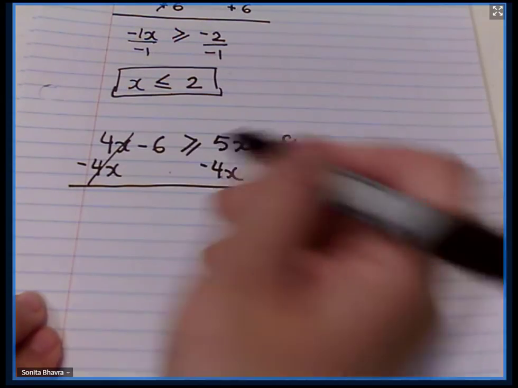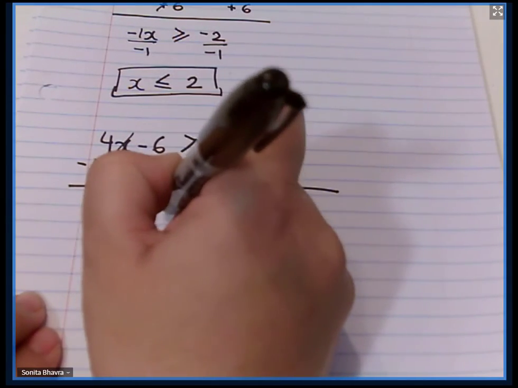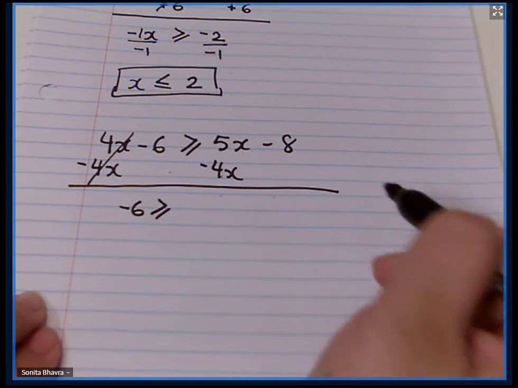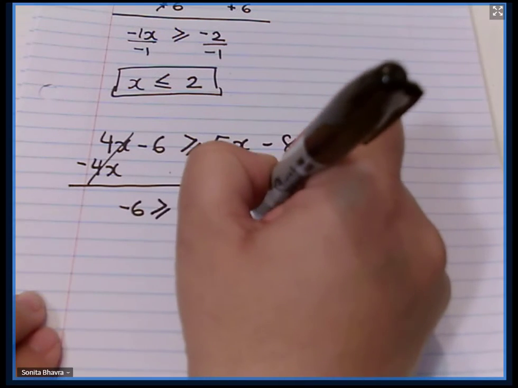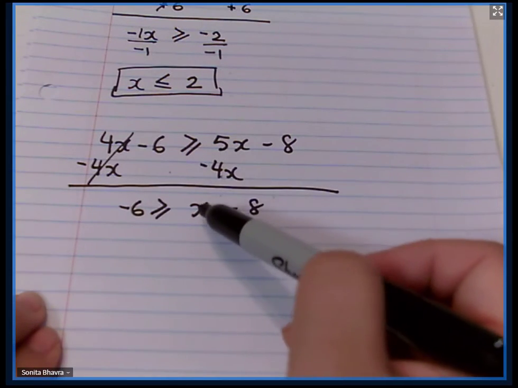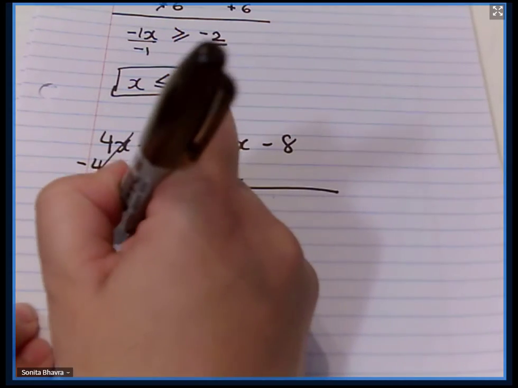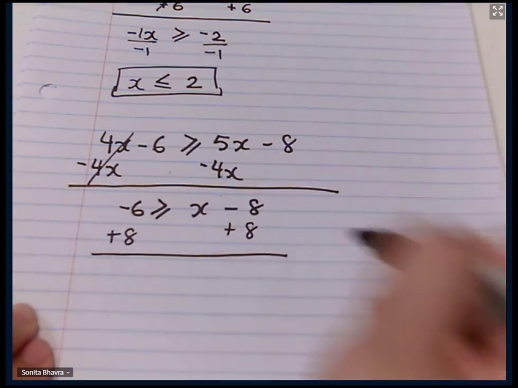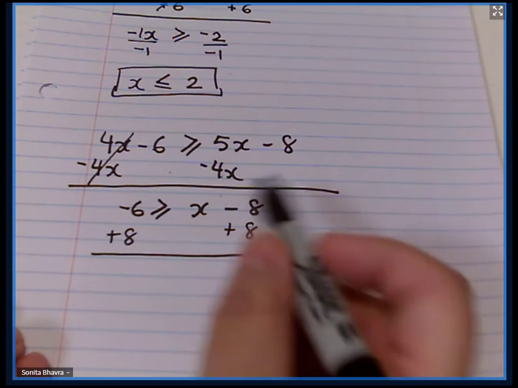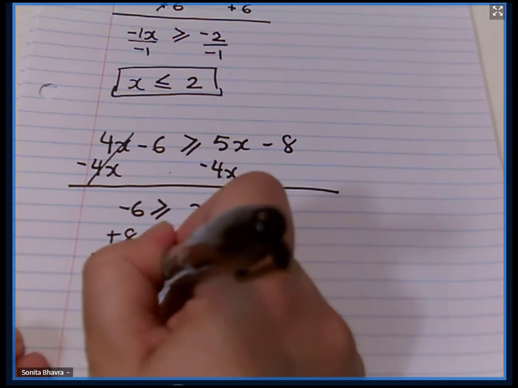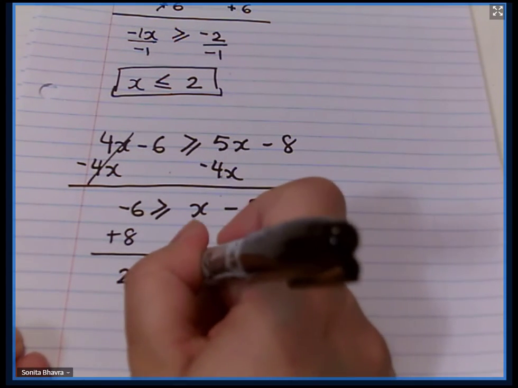So we end up with negative 6 is greater than and equal to x minus 8. So here 5 minus 4 gives me just 1x. And lastly, I just have to add 8 to both sides. So negative 6 plus 8, that's 2. And it looks like this.